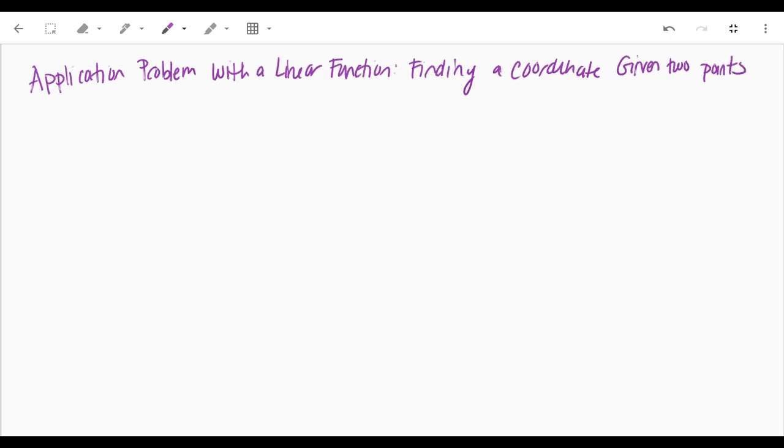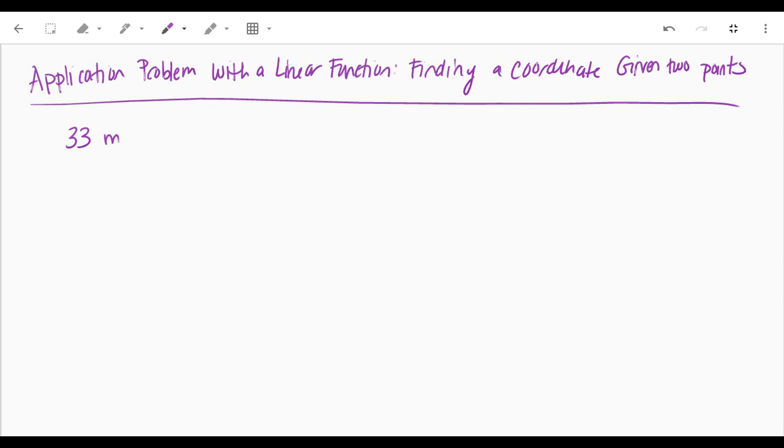Okay, so this one says the credit remaining on a phone card in dollars is a linear function of the total calling time made with the card in minutes. Okay, the remaining credit after 33 minutes of calls is $24.72, and again, that's left on the card.